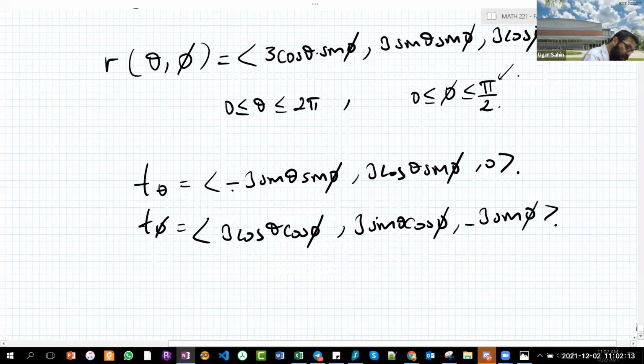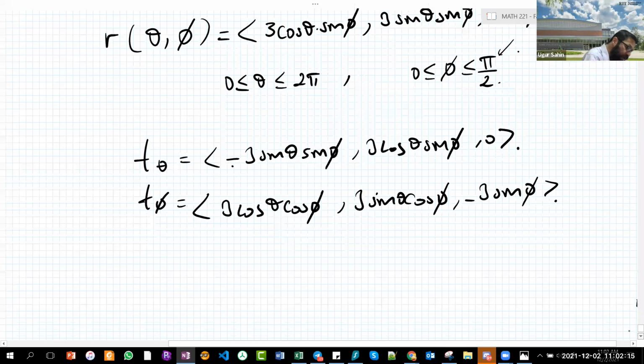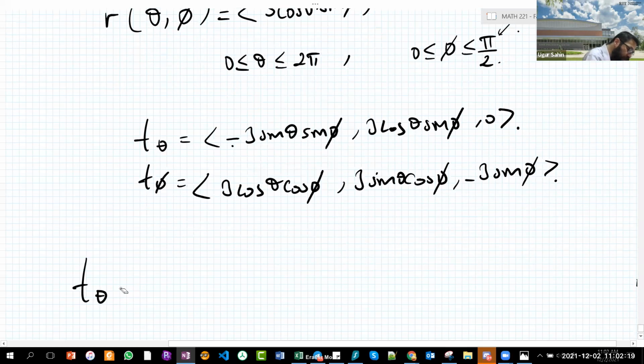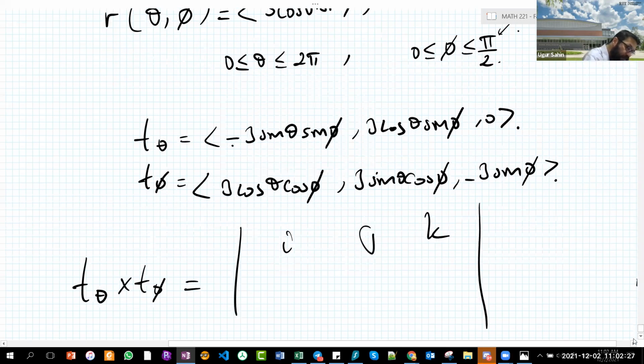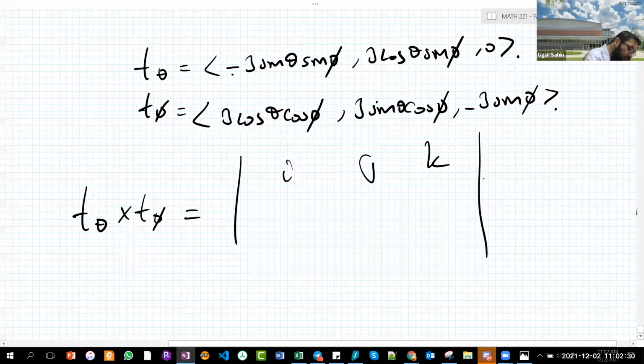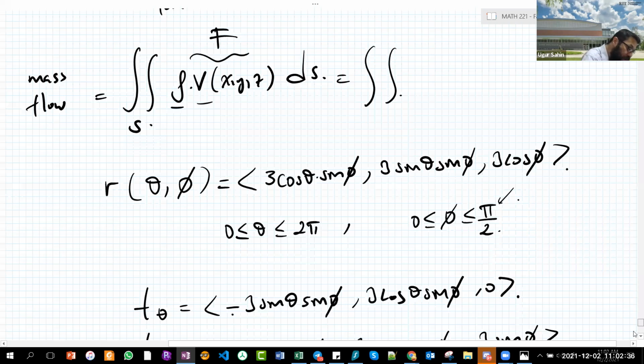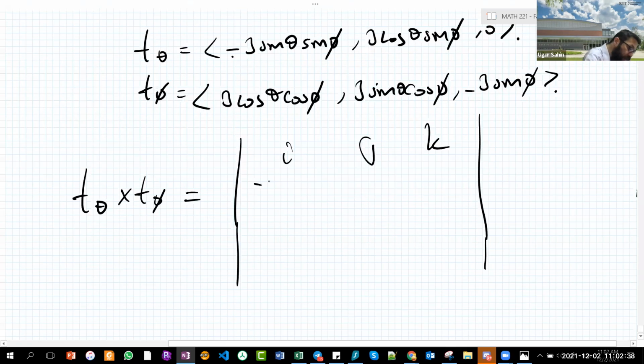Right, guys? So what I should do is calculate the cross product this way, with i, j, k. It's going to be a little bit complicated, just give me one second so I can see everything.